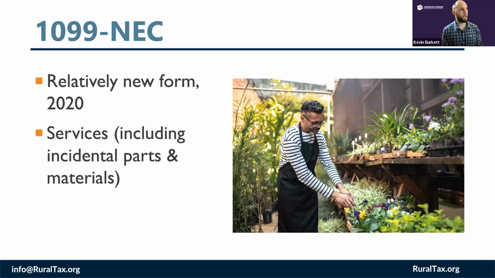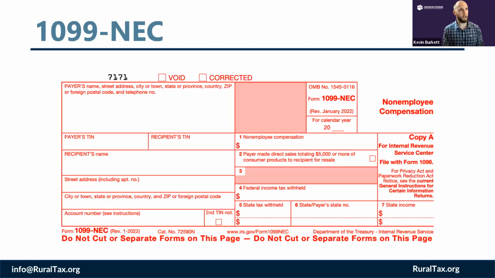So as I said, the 1099 NEC, this is typically when we've gotten someone to perform some kind of service for our business. And this is a copy of that form. So it's relatively straightforward.